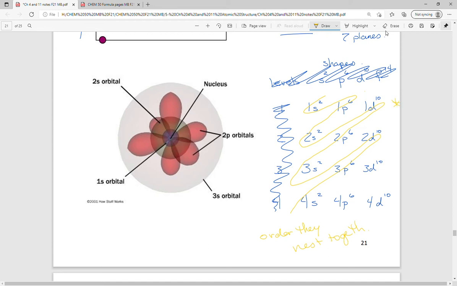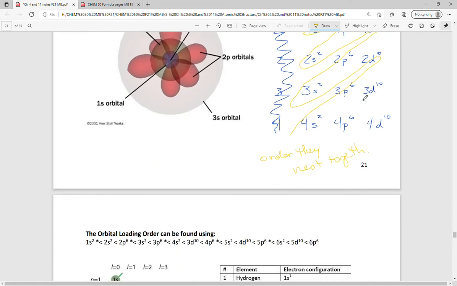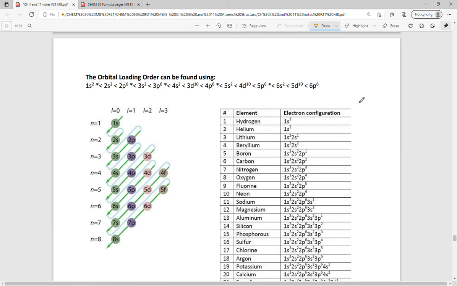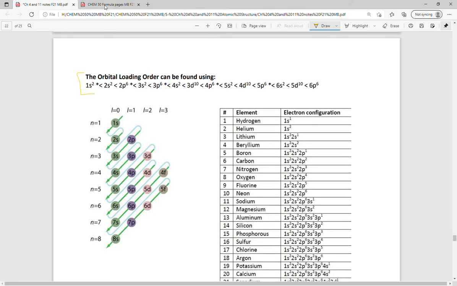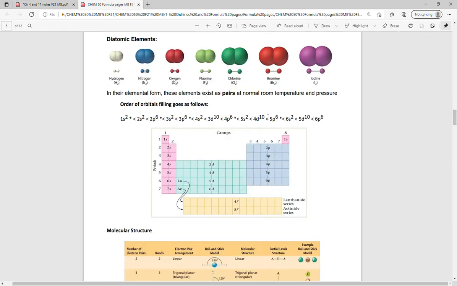I think we deserve a better image of this. So let's flip the page, and maybe one of these is going to resonate a little bit better for you. In your formula pages, you actually have this sort of arrangement. And as I'm making this video, we have a bit of an error to correct.